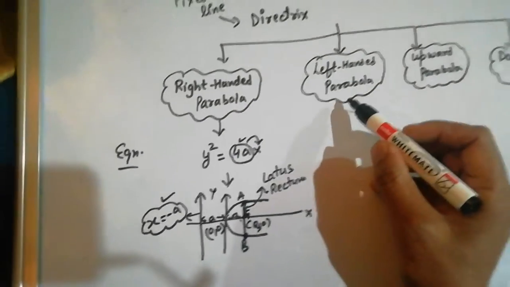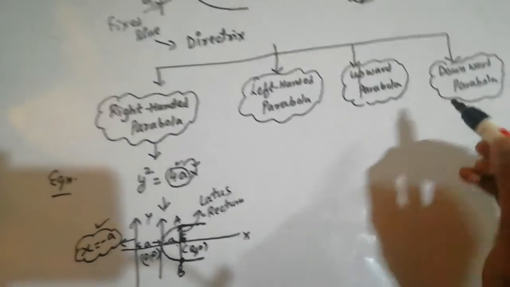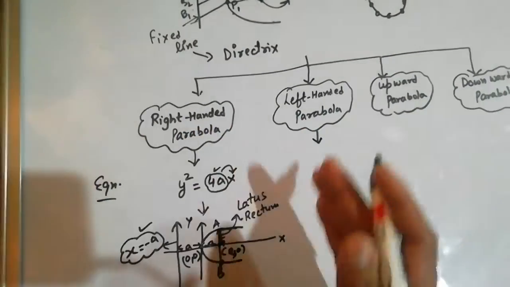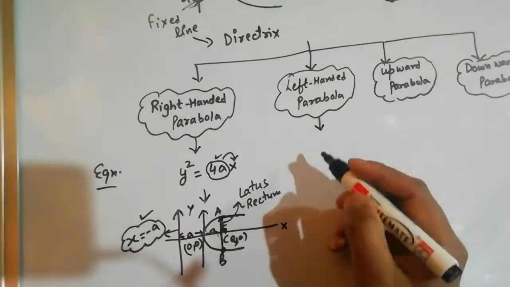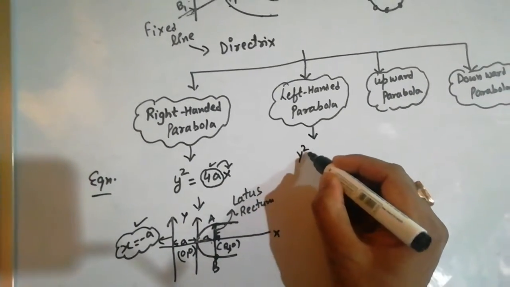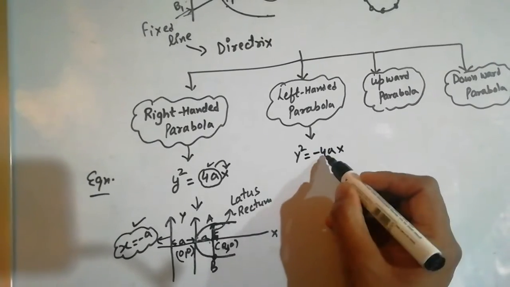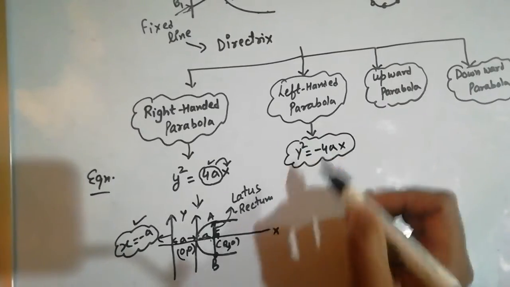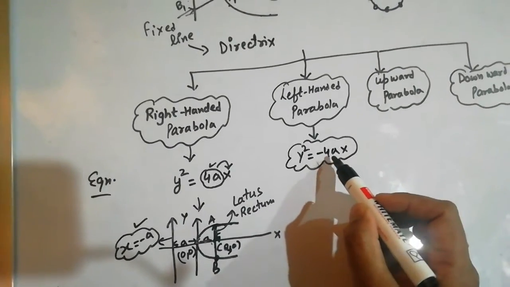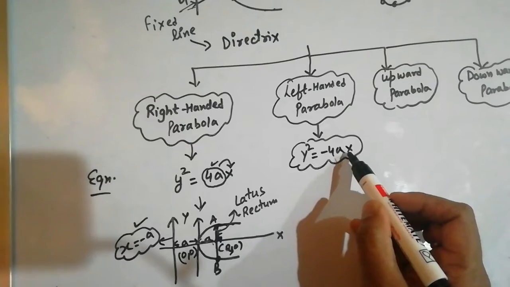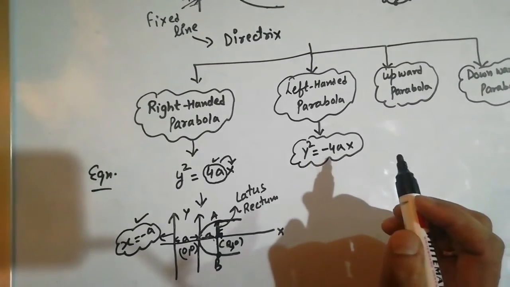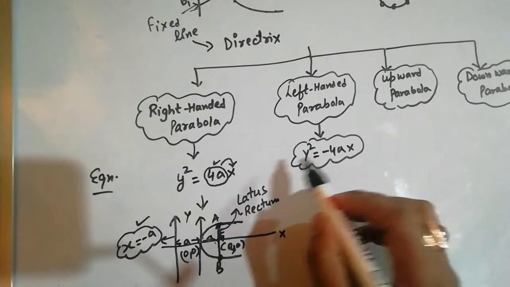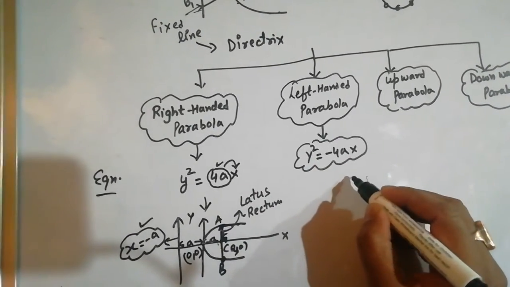First of all, let me explain the left-handed parabola, upward parabola and downward parabola. This is right-handed. Now the left-handed parabola is y square equal to minus 4ax. Here 4a is going to multiply with negative x, which means this is a left-handed parabola. Always you have to check 4a. When 4a is multiplying with x, the parabola is always along the x-axis. Since it is multiplying with negative x, your parabola is on the negative side.